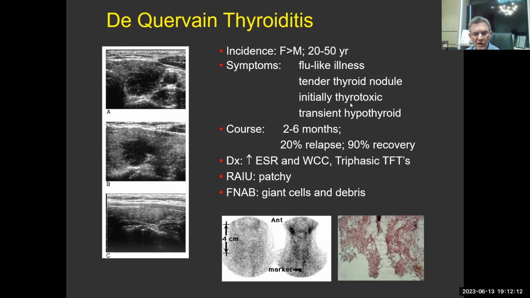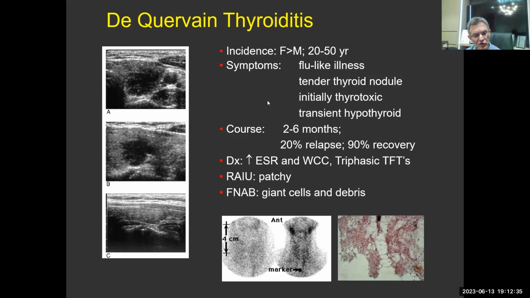They have an initial phase of thyrotoxicosis, so they're agitated with high temperatures, and then they progress into a hypothyroid phase. And usually the thyrotoxic phase is about 6 weeks, and the hypothyroid phase is about 6 months. 20% of these individuals relapse and 90% recover.